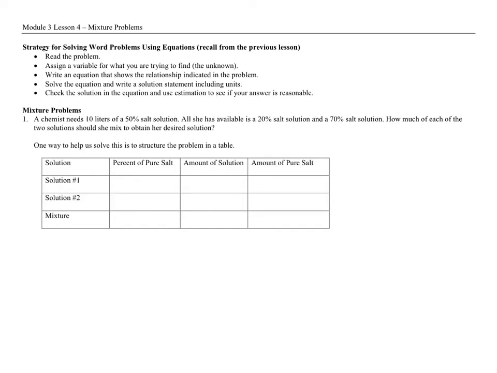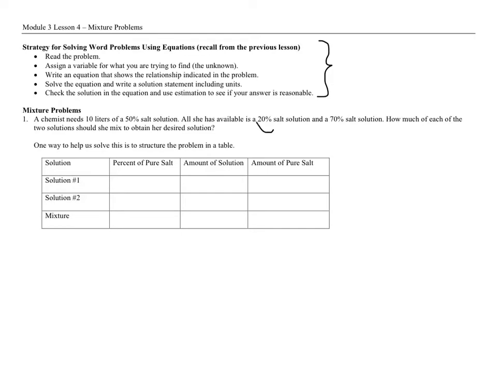You can do it. All right, so the strategy is exactly the same as the one we just did in the other lesson. So here's the first mixture problem. A chemist needs 10 liters of a 50% salt solution. She has available 20% salt solution and 70%.